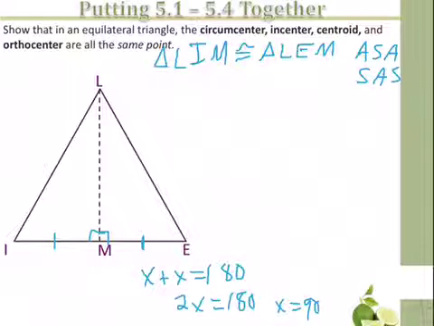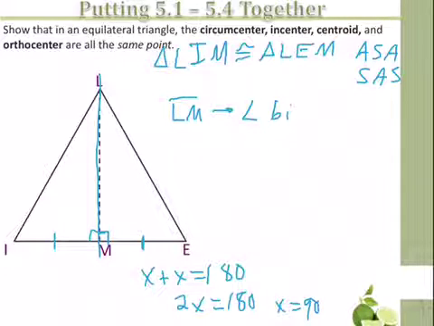So that kind of teaches me something about the segment LM. I started off showing that it is an angle bisector. What I've just shown here is, since it's perpendicular to a base and bisects it, it's also a perpendicular bisector.